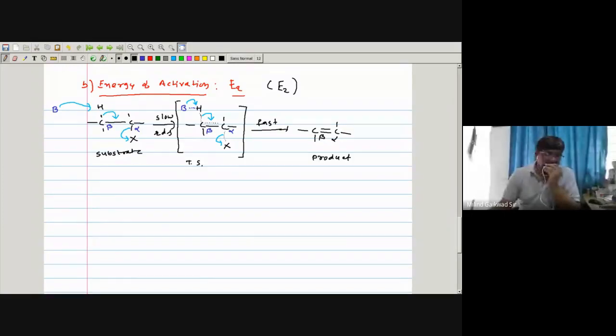Now the question arises, which will have the lower energy of activation? You know, suppose I take an example in this case, I will just make a change in the same example.